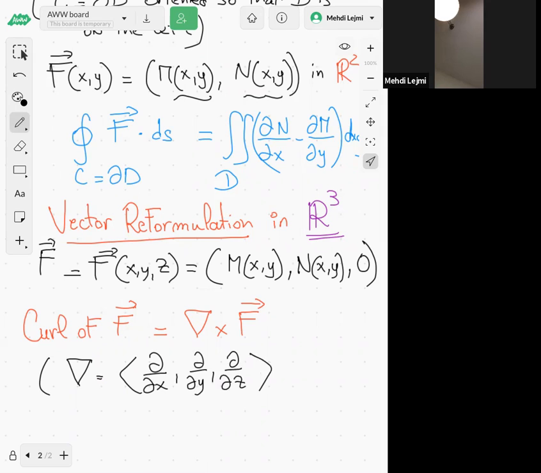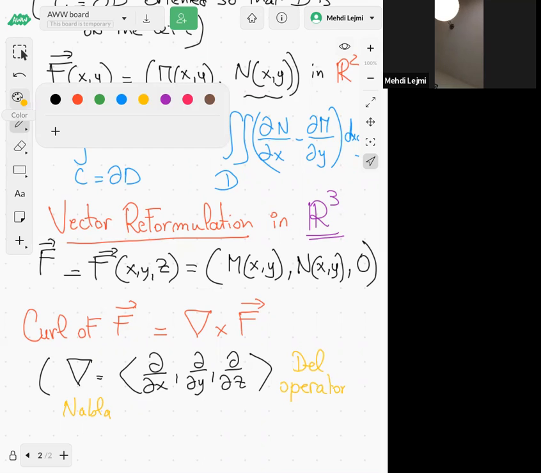This letter here is a Greek letter, a capital nabla, and that's why I call it the del operator. So the curl of F is just nabla cross F.